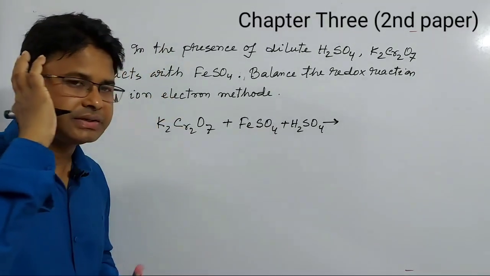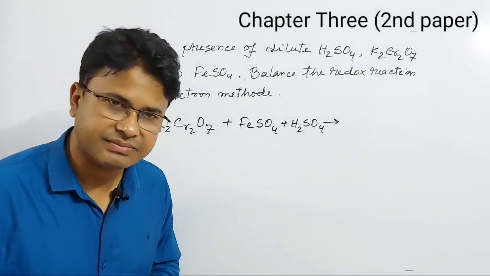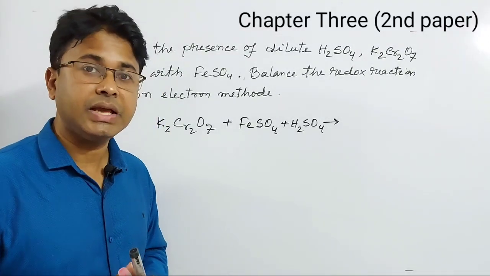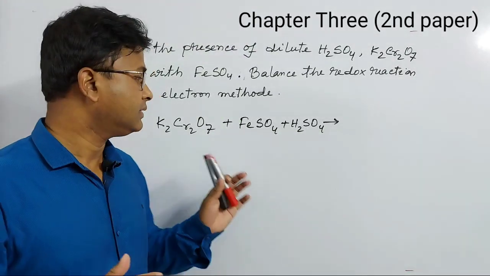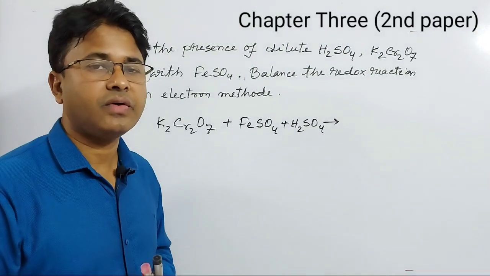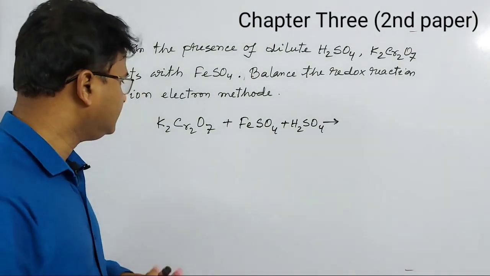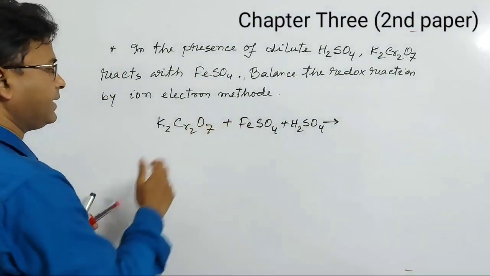It is stated that this reaction takes part in the acidic medium, and if sulfuric acid is used as acidic medium, then the sulfate salts of all metals plus water will be produced. Here the metals are potassium, chromium and iron.